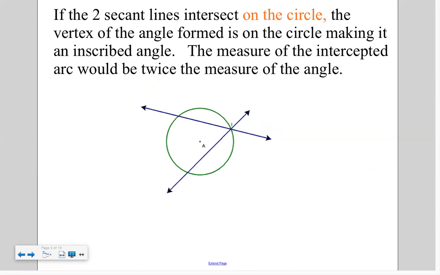We know if that measure is x degrees, then that arc there is going to be 2x degrees. We know that this measure is half of that measure. So nothing's really changed with that. Inscribed angles are things we've worked with before, so we're pretty good on that. If we went the other direction and said this arc is x, then this angle would be 1/2 x.